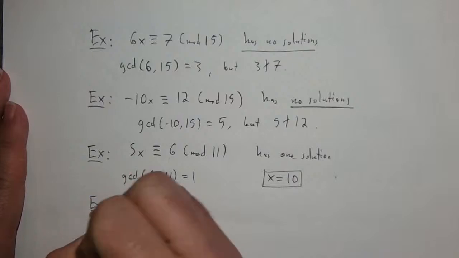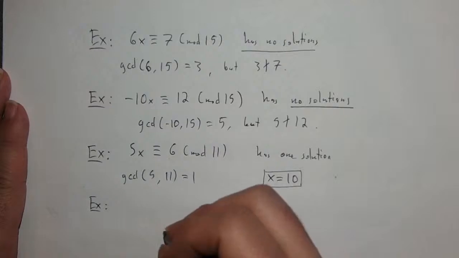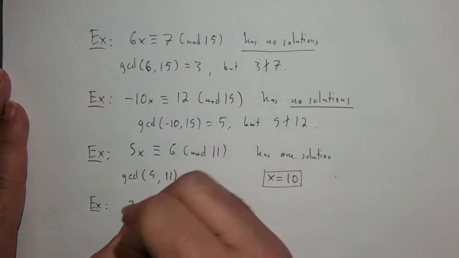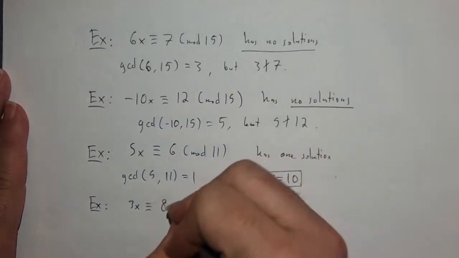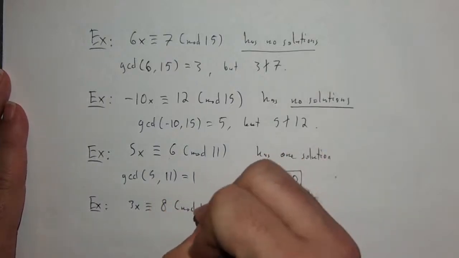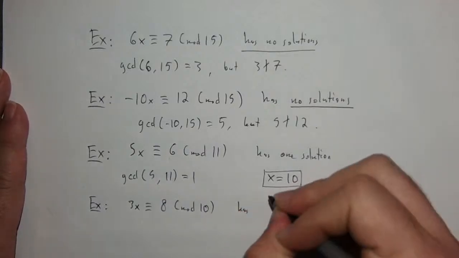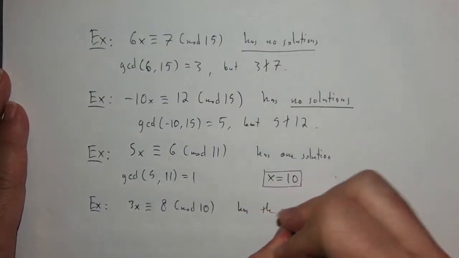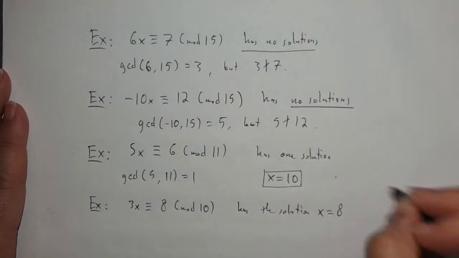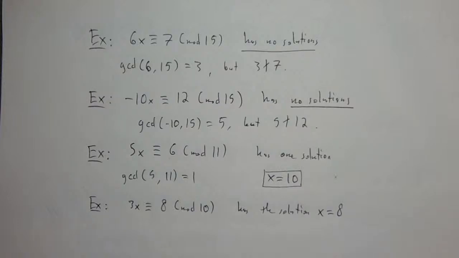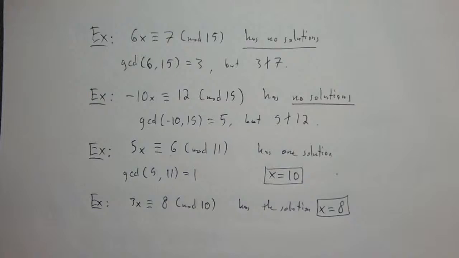Okay, another example. 3x is congruent to 8 mod 10. Well, this has the solution x equals 8. Let's say you just noticed immediately that 8 works here.